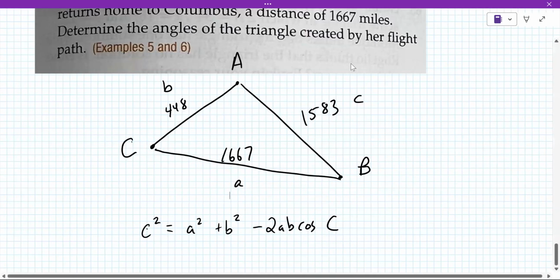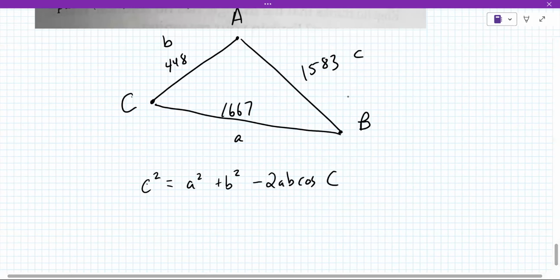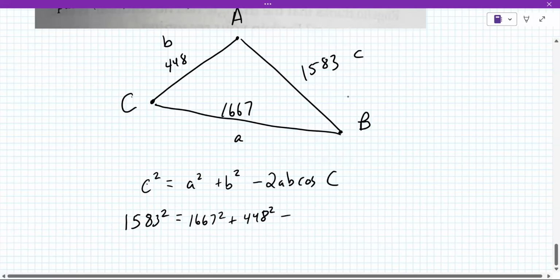Probably put the numbers in. Okay. They get kind of large here, but that's okay. So 1583 squared equals 1,667 squared plus 448 squared minus 2 times 1,667 times 448 cosine C.